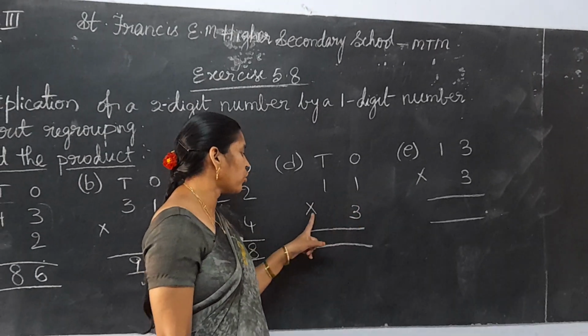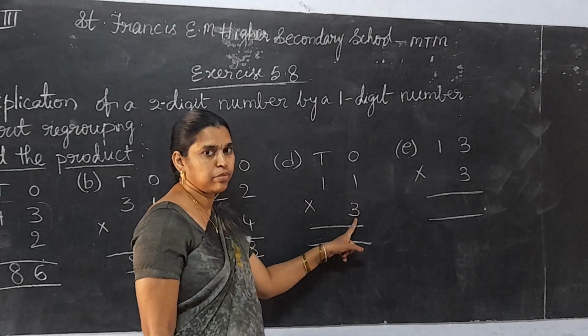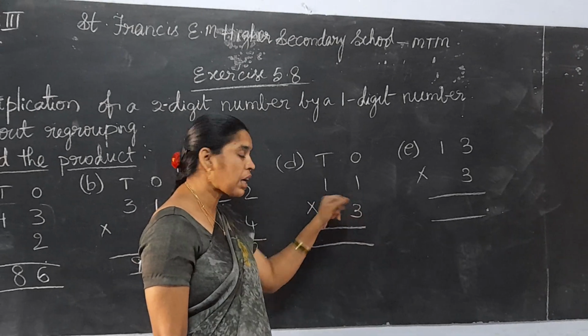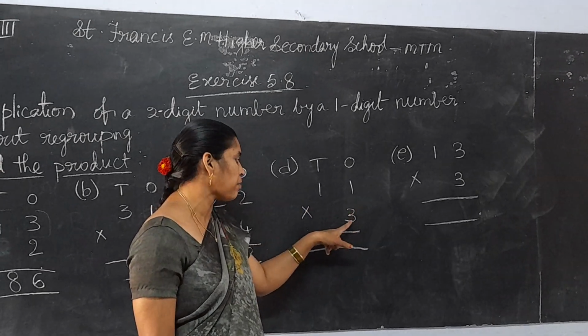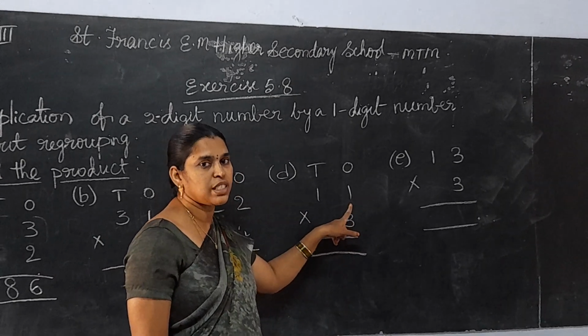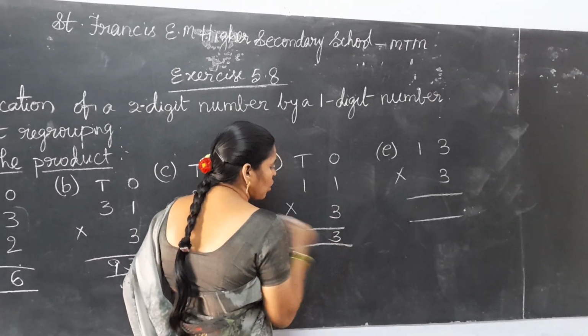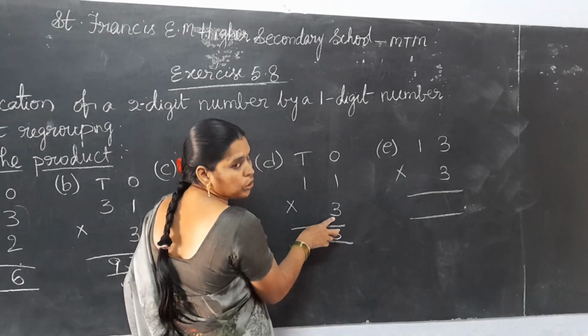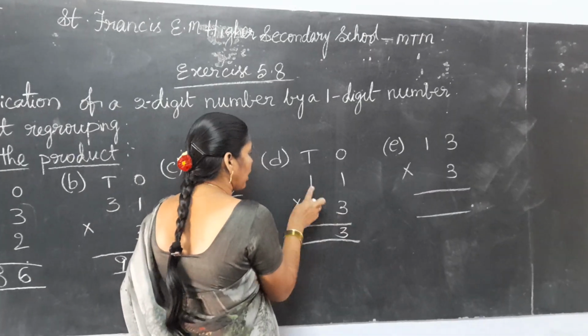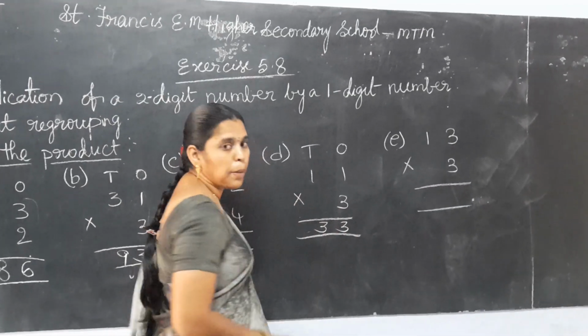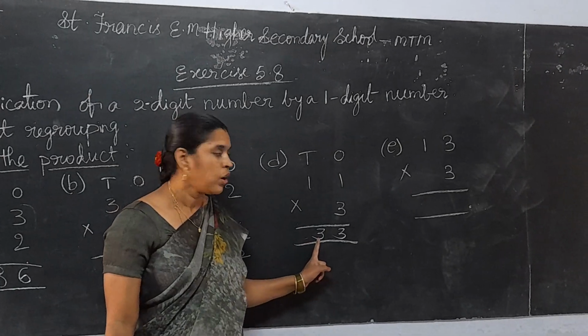Now 11 you are going to multiply by 3. So where you should start? Start multiplication by 1's place. 3 1's are 3. That you write in the 1's column. Again now you should go to multiply by 10's place digit. 3 1's are 3. So what is the product? 33. Okay children?